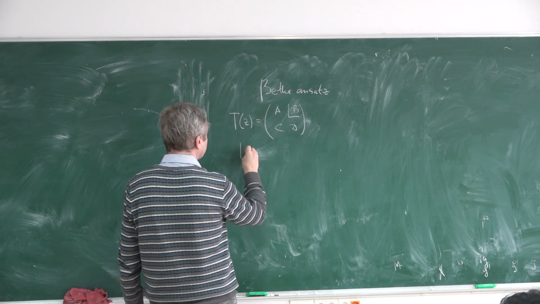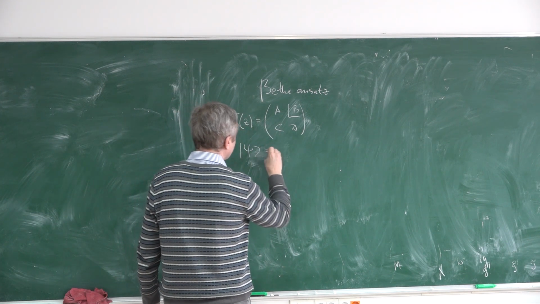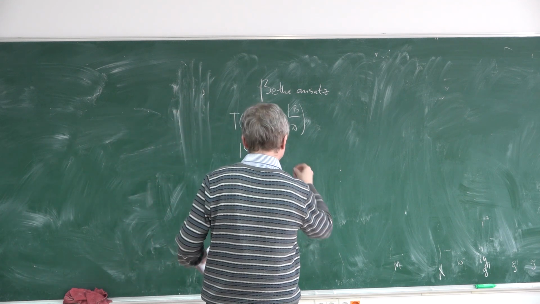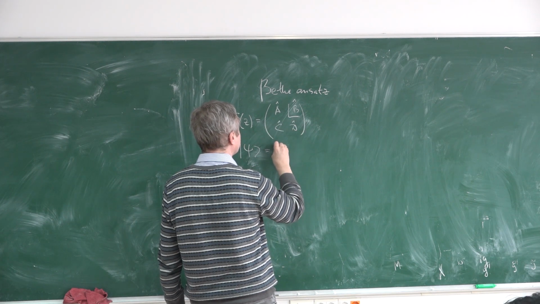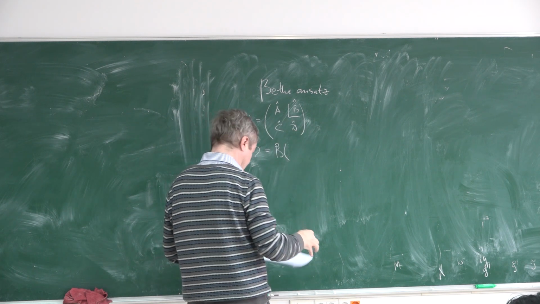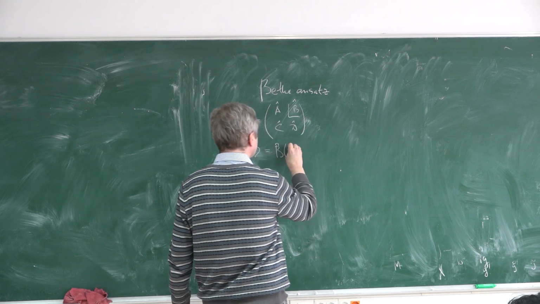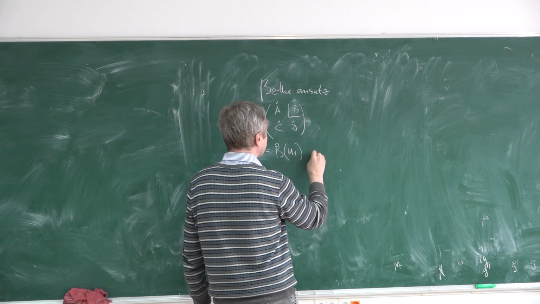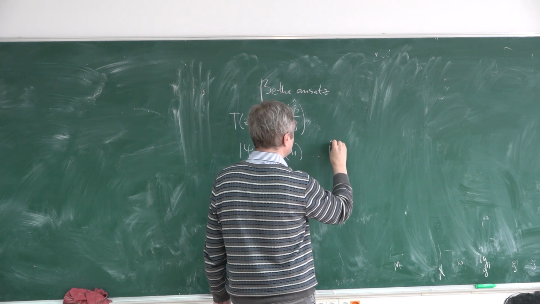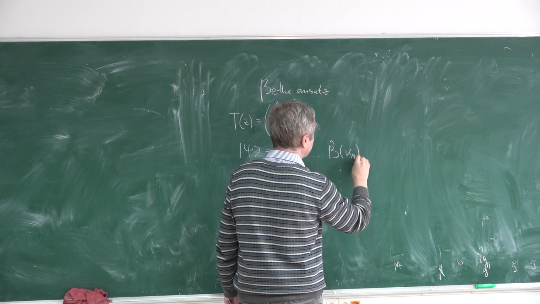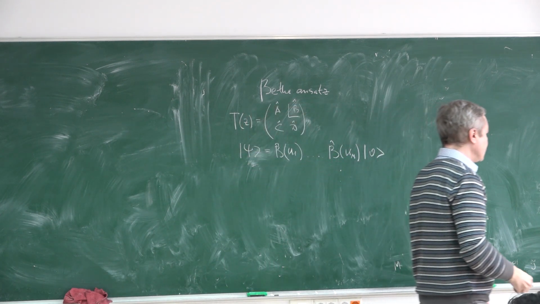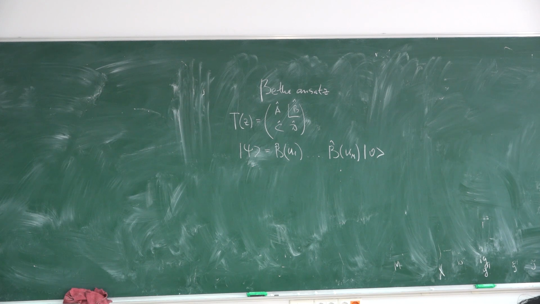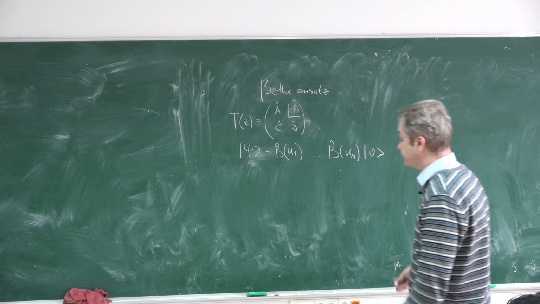We defined a solution like a product of these B's from u1 to uM acting on vacuum vector. And we try to understand if we can find a solution in this way.